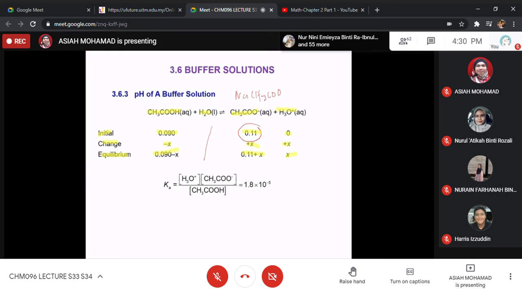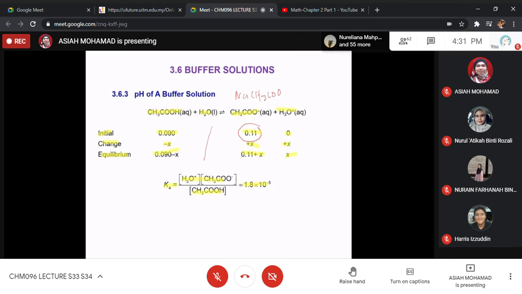Next, set up the equilibrium expression, Ka. As you know, Ka is the concentration of the products over the concentration of the reactant. Since the Ka value is given in the question, just plug in the value here, which is 1.8 times 10 to negative 5.